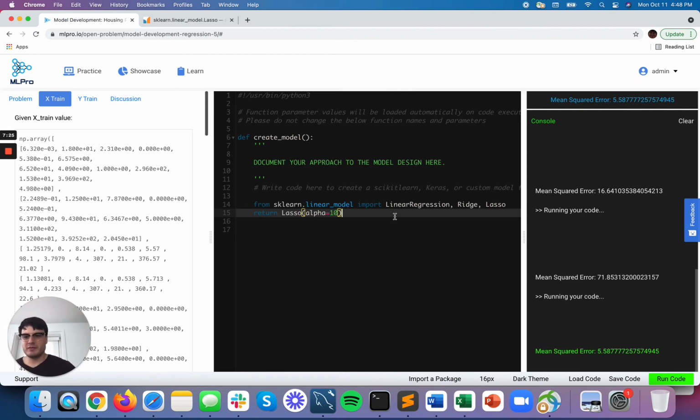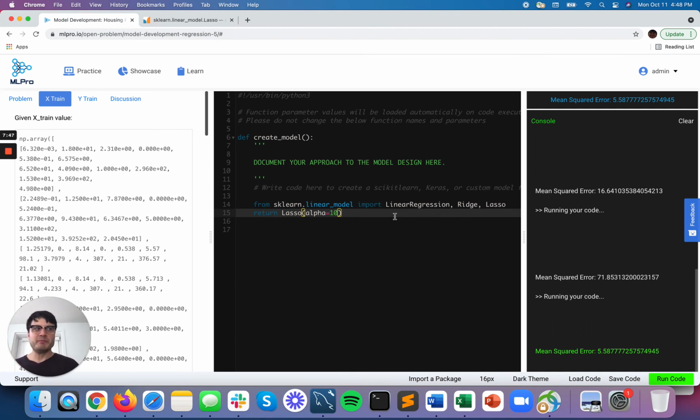Another approach you could have taken would have been to use a non-linear regression method. So linear regression is highly limited because it's limited to finding lines or the equivalent of a line in higher dimensional space, so a plane, hyperplane, but it's these very linear shapes in whatever dimension you're operating in.